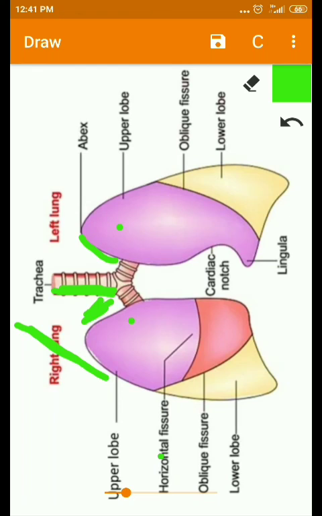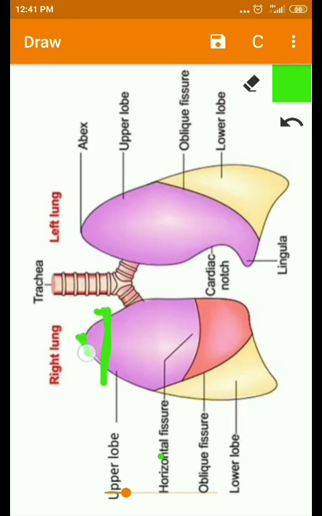Okay, so again we will see the relations of the apex. This apex of the lung is projected into the root of the neck above the level of the first rib, and also above the level of the anterior end of the first rib, and it is also an inch above the medial third of the clavicle, which is just medial to the supraclavicular fossa.